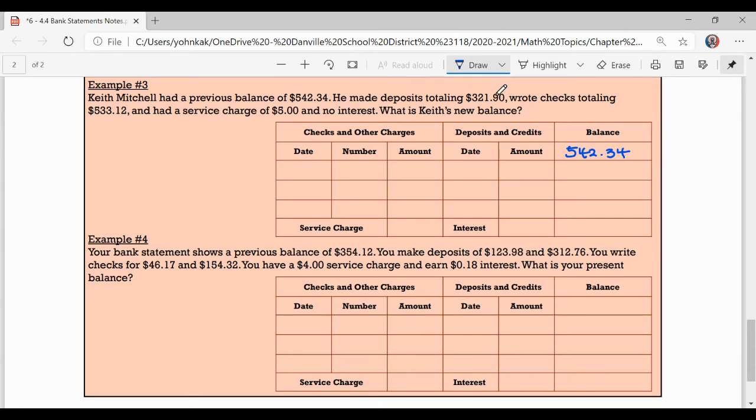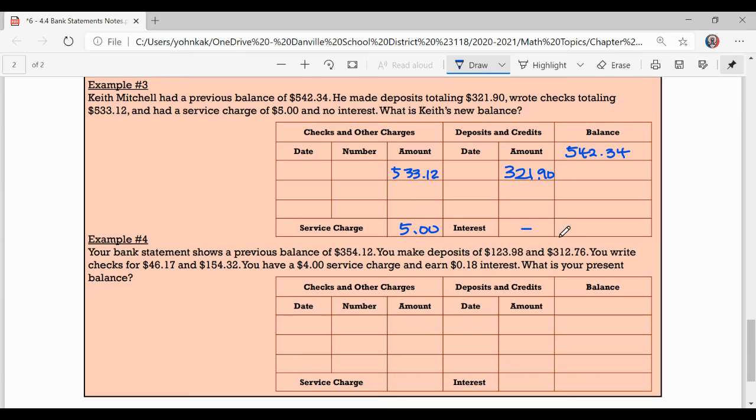He made deposits totaling $321.90. So here's deposits, $321.90. He wrote checks totaling $533.12. He had a service charge of $5 and no interest.